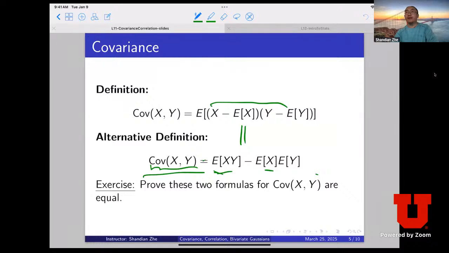So we're going to show this. We're going to use the linearity of expectation to show this. This is a very famous conclusion, and the tricks we use to show it are broadly used in the whole statistical domain.